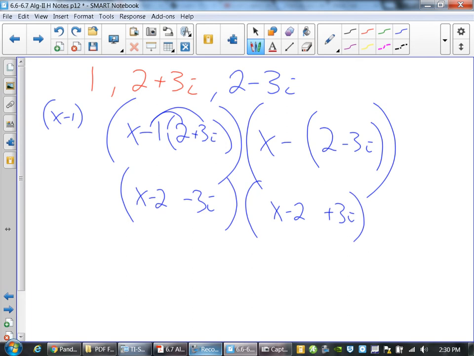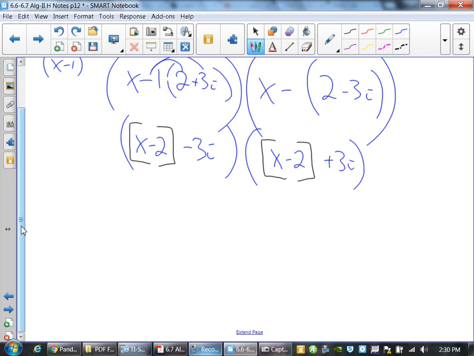Here's a nice trick. I'm putting a little bracket around that first grouping of x minus 2 on both parts, because I'm going to do this next step. I'm going to let a equal x minus 2 and b equal 3i.